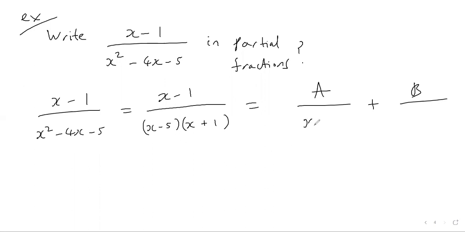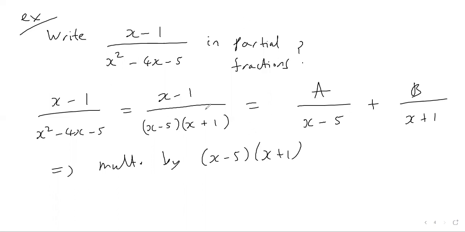So now we can put our linear factors on our two denominators here. We're going to break it into partial fractions. Now the trick is we've got to work out this a value and this b value. That's all we have to do in this case. To do this, we're going to multiply both sides by (x minus 5) times (x plus 1), so multiply both sides by this denominator.